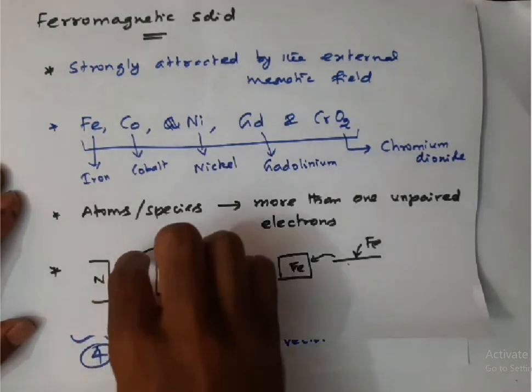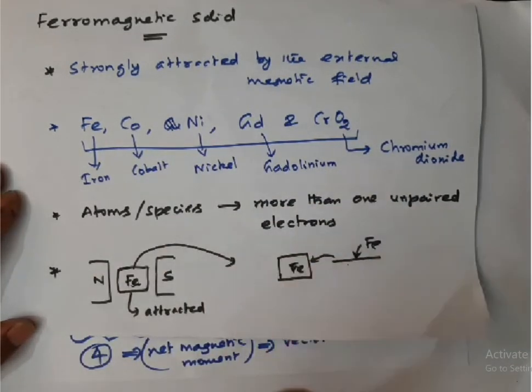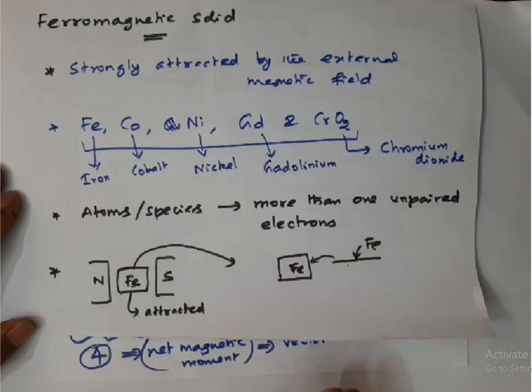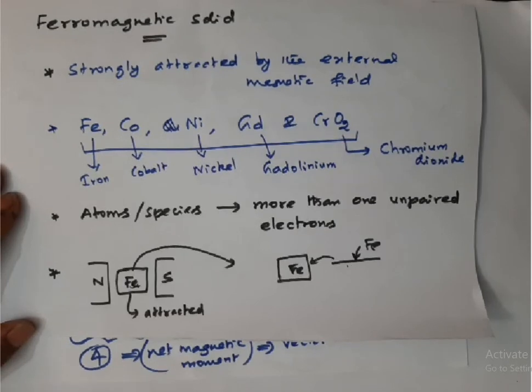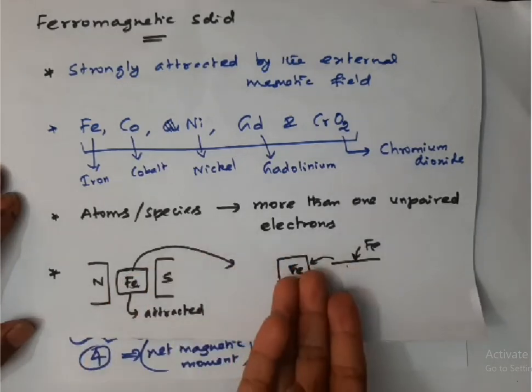Then if you remove it from the external magnetic field, the magnetic character remains for some time. This is one important property of ferromagnetic solids.